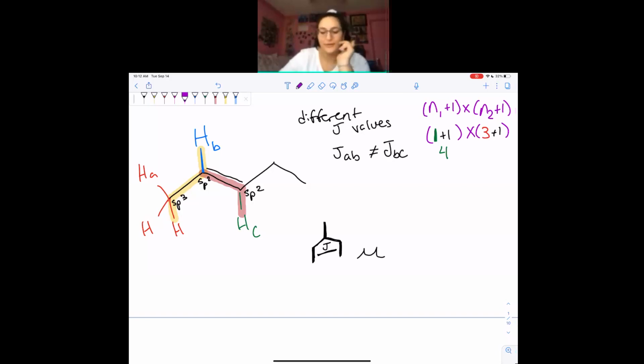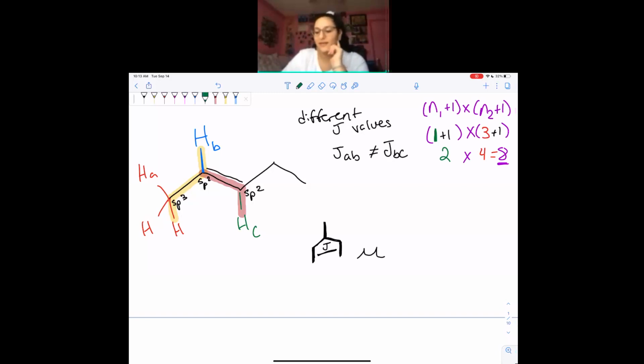Oh, apparently not that simple. We're going to say 2 times 4, which is 8. Ta-da! So the multiplicity of this is 8, but it's not going to be an octet. Instead, it has a special name.